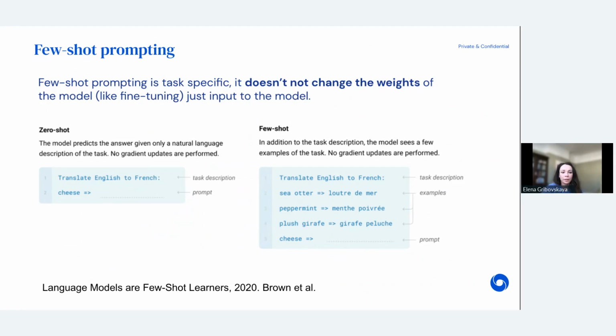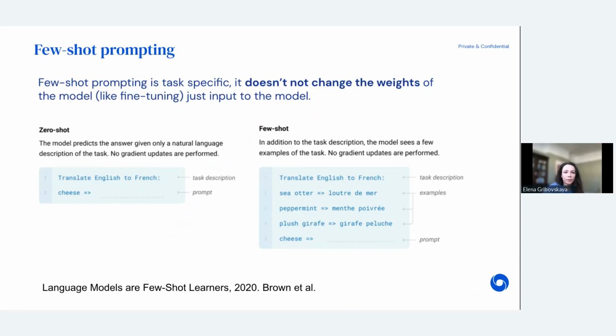The general motivation is to use few-shot prompting of a generalist model, the model that hasn't been fine-tuned to any specific task. So what is few-shot prompting? Few-shot prompting is similar to how you would explain a task to another human or to a child by using a set of examples.